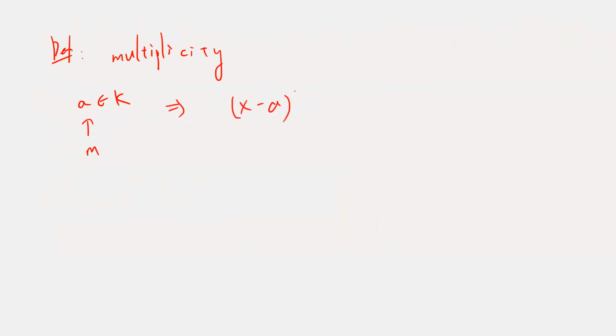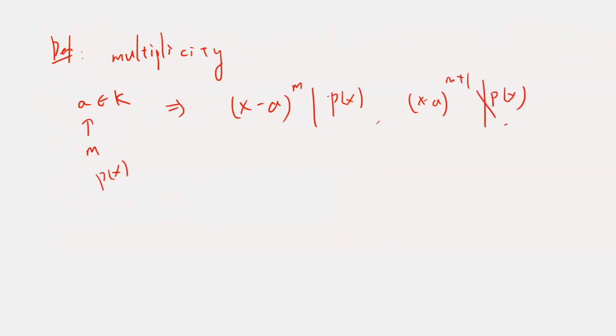Okay, so define the multiplicity. If a belonging to K has multiplicity m, it means that x minus a to the power m divides p of x, but x minus a to the power m plus 1 does not divide p of x.